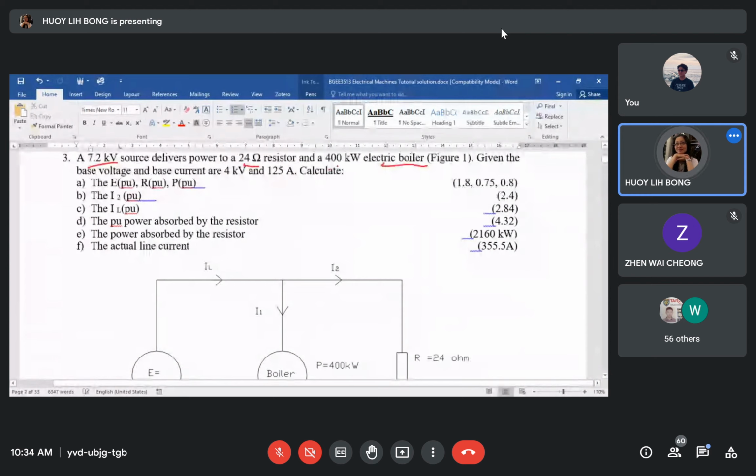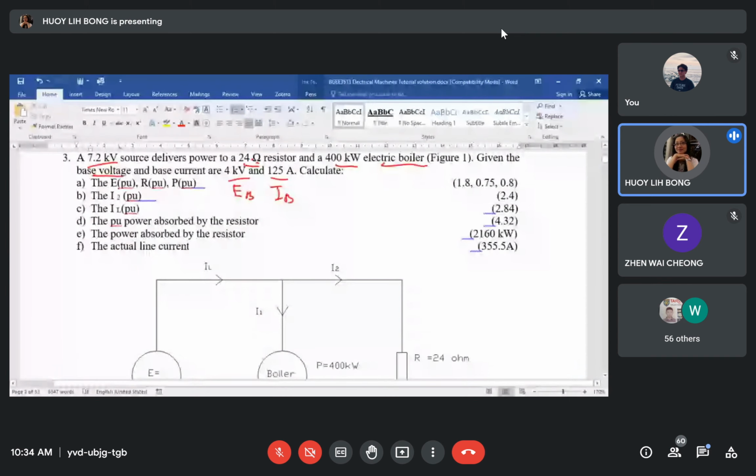These are actual values, all these three. And the base value, like I say, is a rating. You have a 4 kilovolt, then you have the base current, like EB, IB, just the same as question 1. Again, same as question 1, find the voltage, resistance, power.